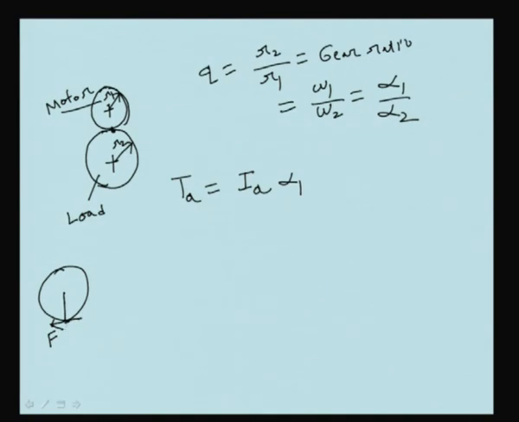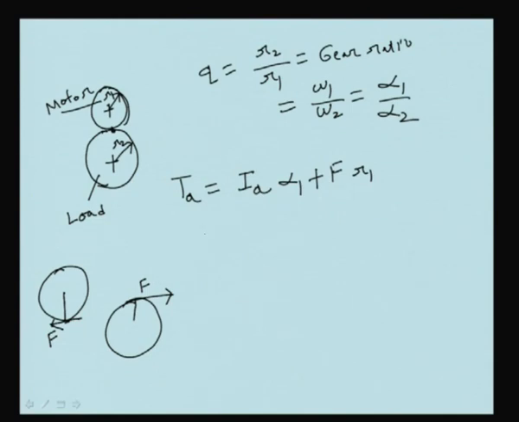So, that thing is given by F into R1. You have to overcome that also, so we have to apply that F R1. Now, similarly for the other gear, F is the force applied by the pinion.